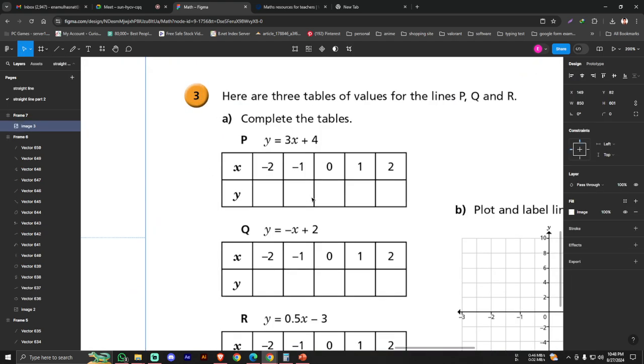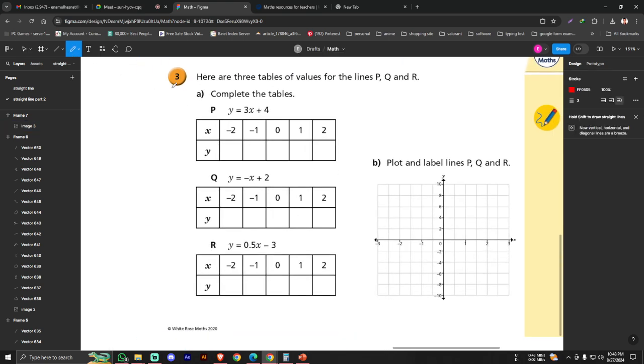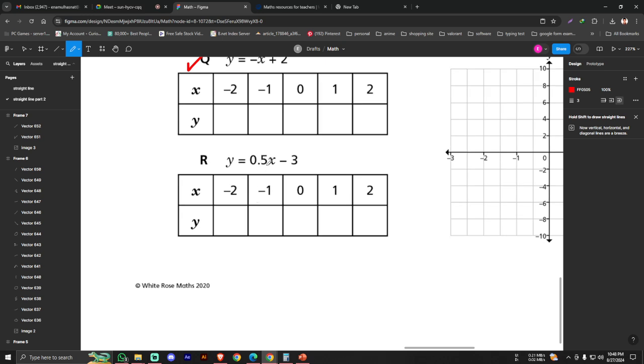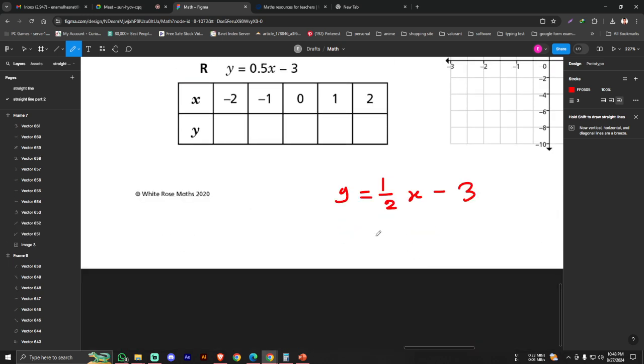I'm just going to do this one. It's basically half. Y is equal to half x minus 3, right? So if we place -2 here, what will happen? -1, then -1 minus 3, that means -4, right?